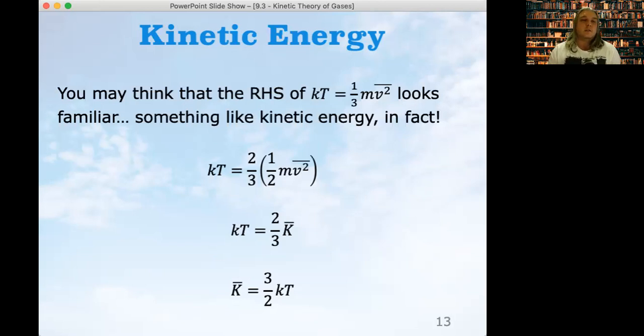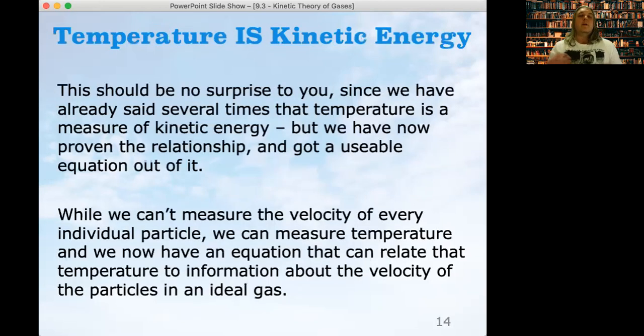And that should be, again, no surprise, because we've already said this several times. We've hopefully been drilling home this concept that temperature is kinetic energy. That's what it is. Temperature is the translational kinetic energy of the particles in the object.